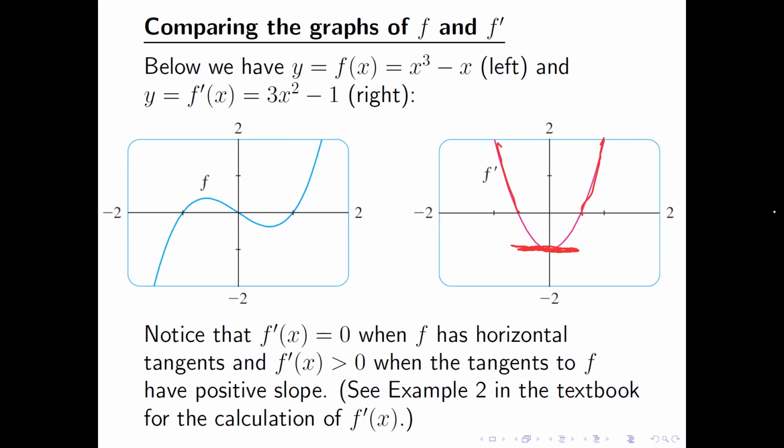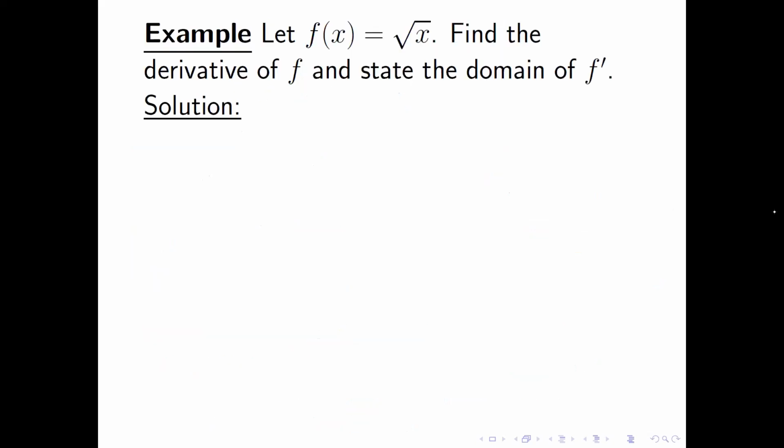And one may go and check this example in the textbook that we are using in this lecture, the Stewart textbook. So if our f prime is strictly greater than 0, our tangent is going to give us a positive slope.